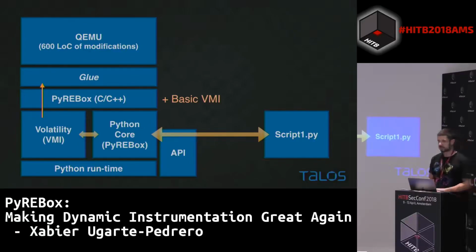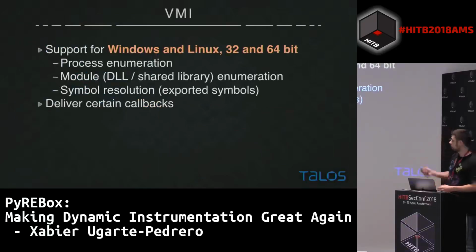We can understand all these abstractions by using Volatility. We support both Windows and Linux for 32 and 64 bits, and we can do process enumeration, DLL or shared library enumeration in the case of Linux, and symbol resolution. We can extract all the exported symbols for all these DLLs, and this also allows us to deliver certain callbacks to the user, for example, callbacks when a process gets created or when a DLL gets loaded.